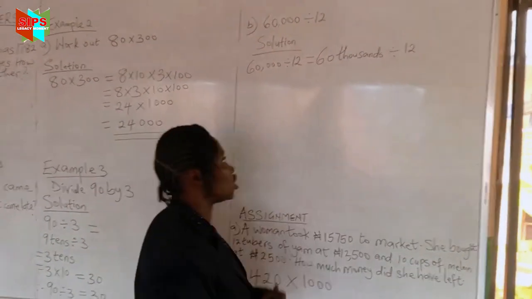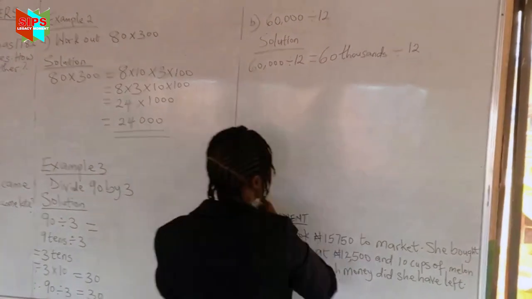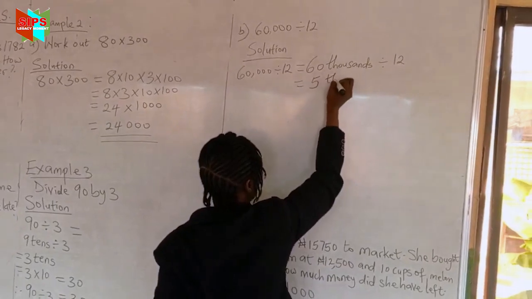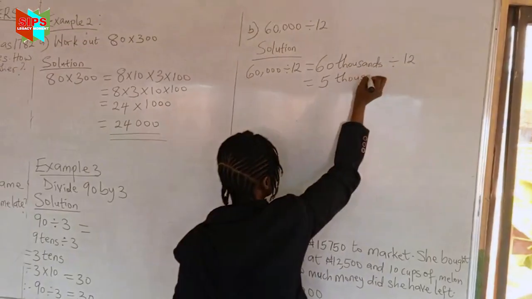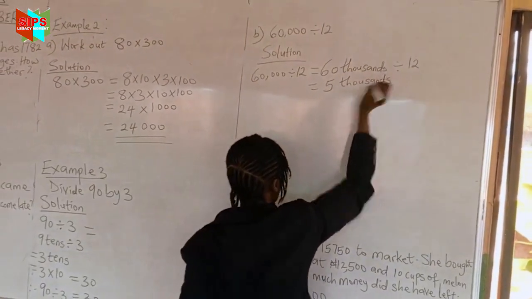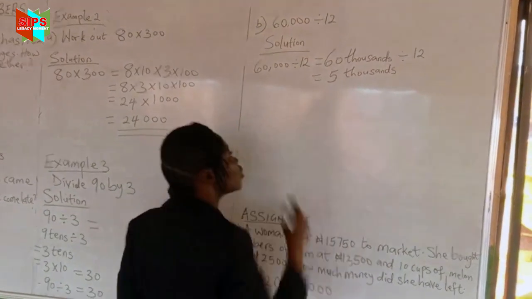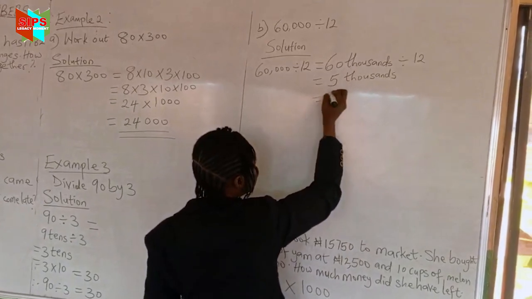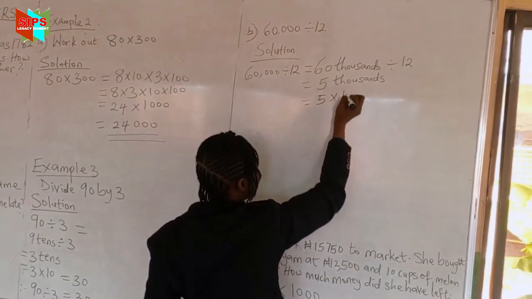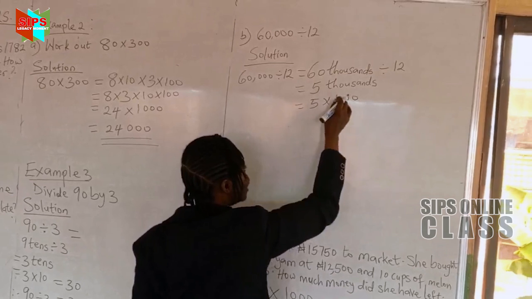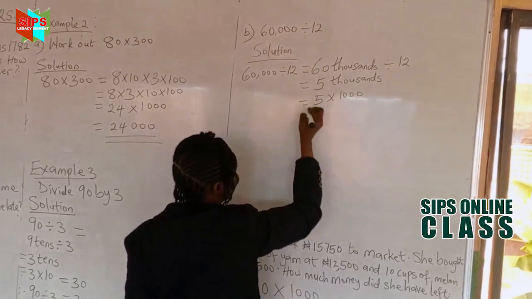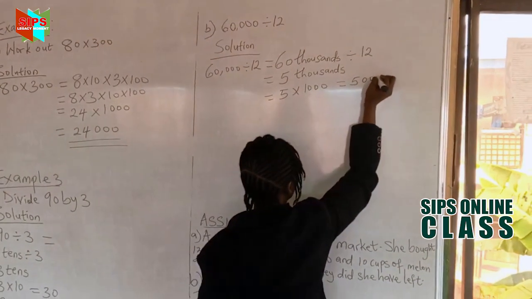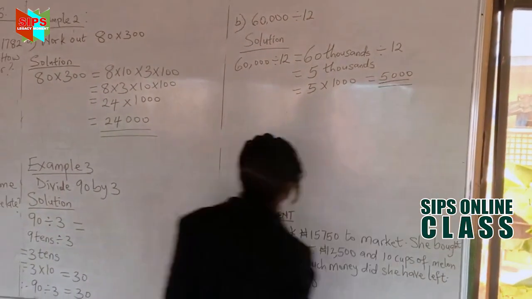So in your multiplication table, 60 divided by 12, you have your 5, and that gives you 5,000. If you write 5,000, you can always bring value for this that you have written in word. That is 5 times 1,000, and that will give us 5,000. Okay, so that is our answer.